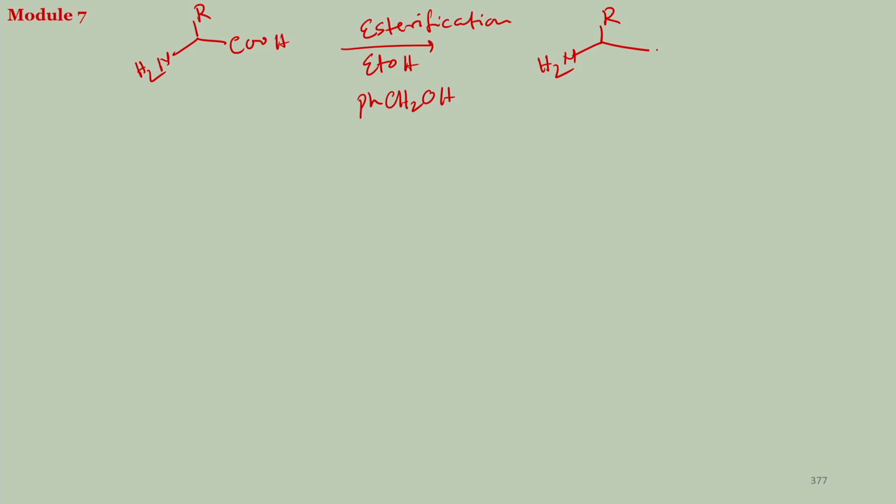That will give you CO2Et, or if you use this, this will give you NH2CO, CH2Ph, or sometimes you can also use the tertiary butoxide protection. If you use tertiary butanol or the other reagent, you can also go for CO2 tertiary butyl.